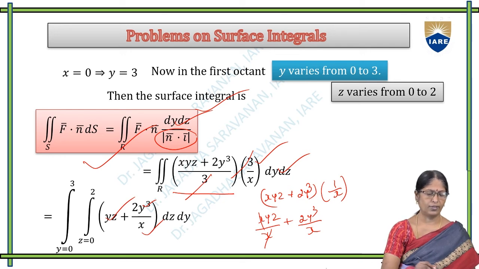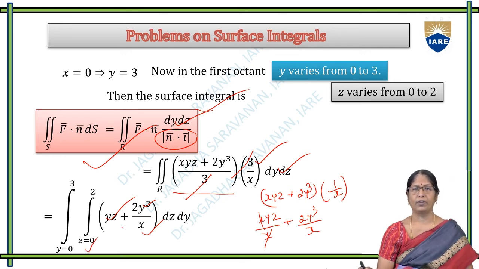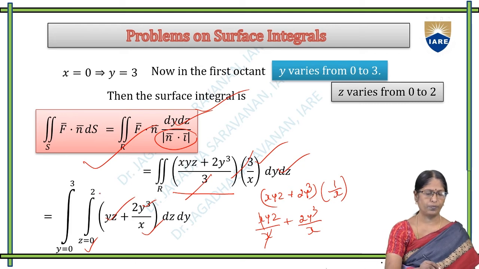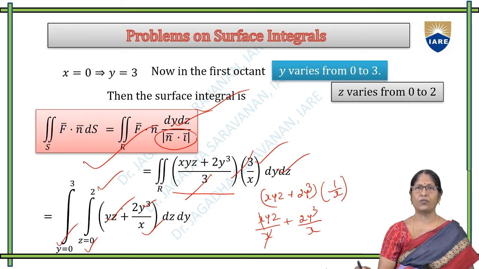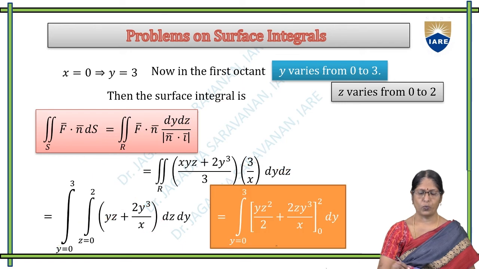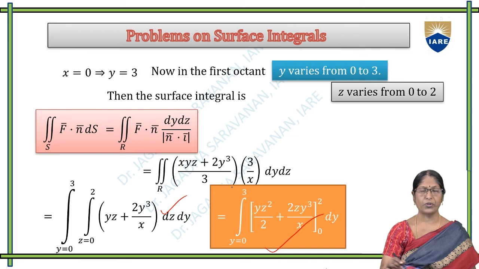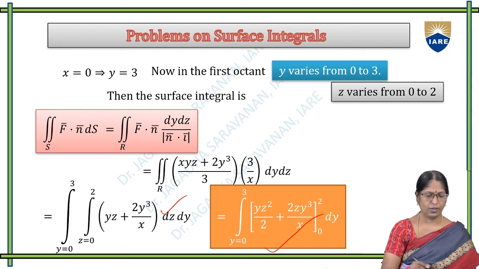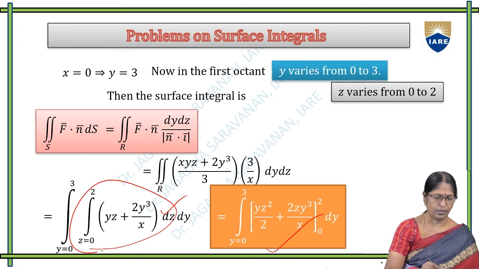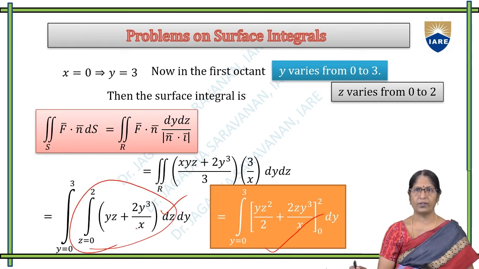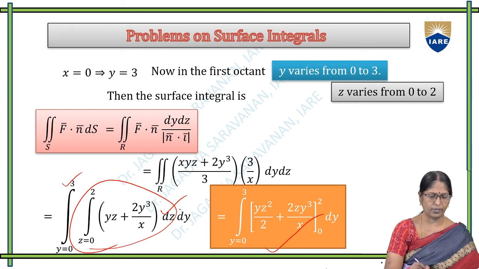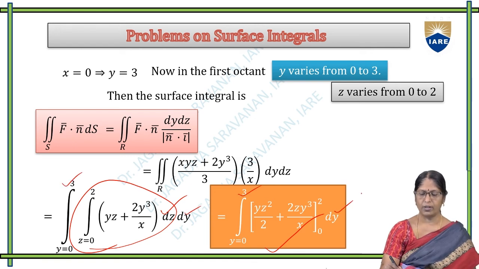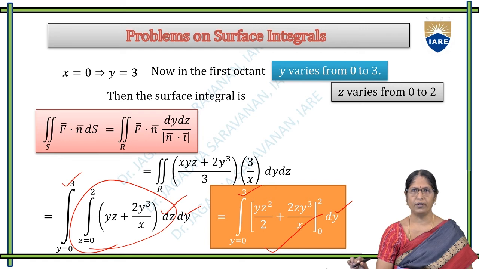For that, the z dimension varies from 0 to 2, and y varies from 0 to 3. So we can see here that we are now going to concentrate on integration with respect to z. Where I am circling, this we are going to concentrate. The leftover terms we didn't touch at all, we just copied them from there.